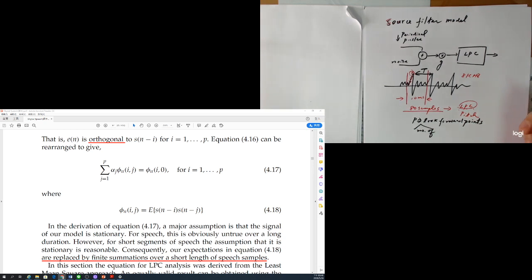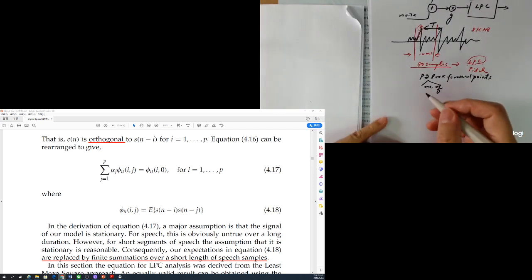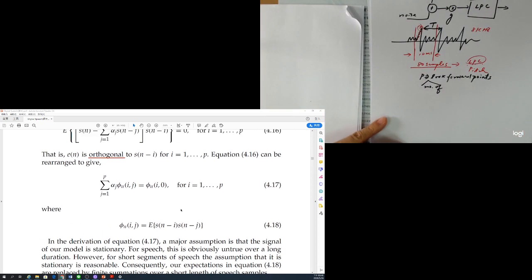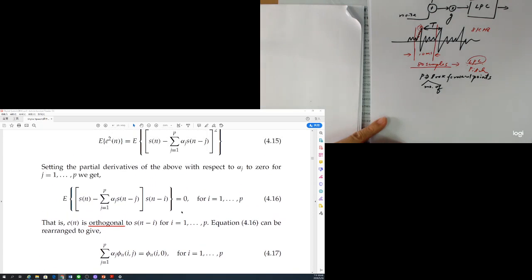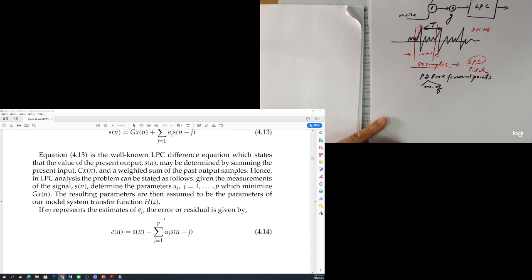Because for this speech frame, we try to find, according to our model, in the beginning, they try to minimize the error function. So for each signal you try to minimize this.